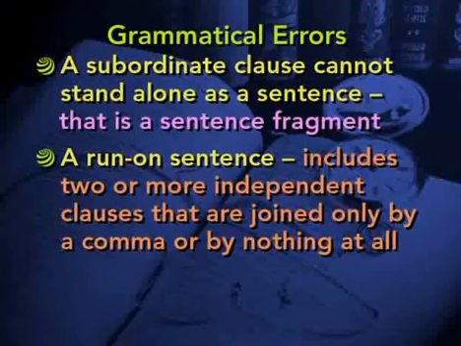Now let's stop and remember how we defined a compound sentence. Remember, a compound sentence contains two or more independent clauses. But when we discussed the compound sentence, we saw that there were two appropriate ways of connecting the two independent clauses. One way would be to use a comma and a coordinating conjunction, such as and, or but.